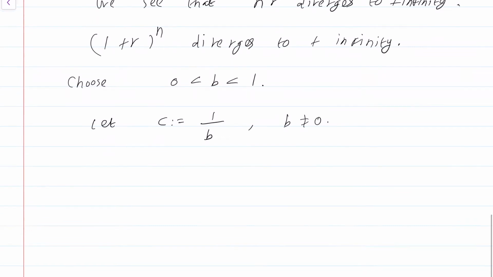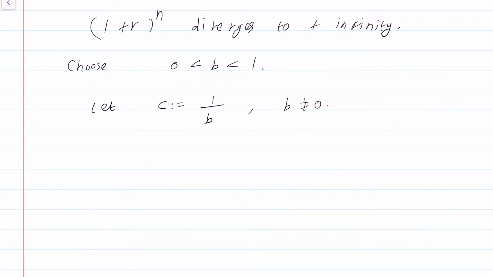Now what happens? 1 by b power n, or in other words, c power n diverges to plus infinity. Why? Because c is greater than 1.